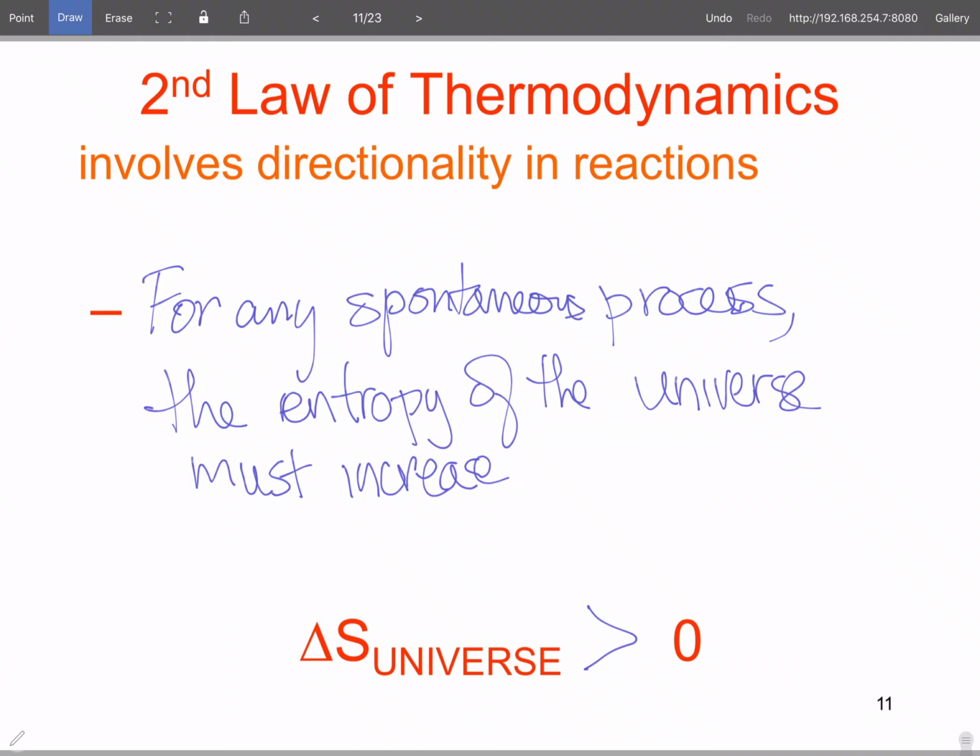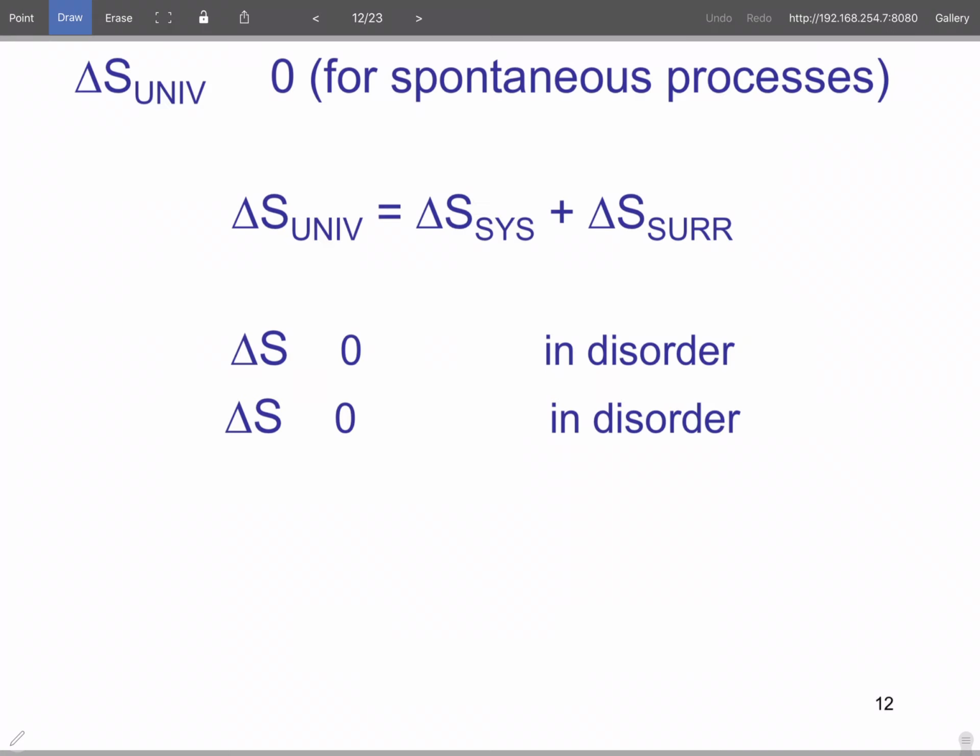And remember back when we did thermodynamics in chapter 5, we talked about the system and the surroundings and the energy moving back and forth. Well, it's the same thing here. What we're looking for is, remember, we want the change in entropy for the universe to be greater than zero for spontaneous reactions. So we need it to be positive.